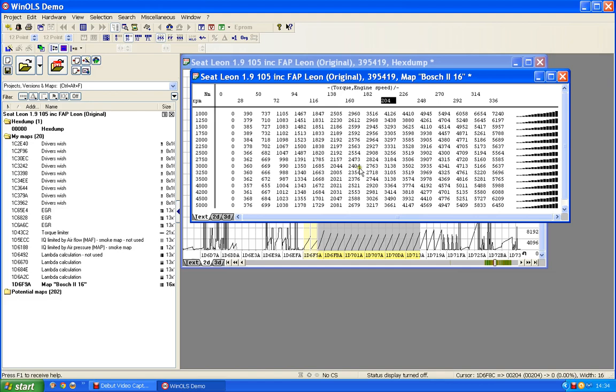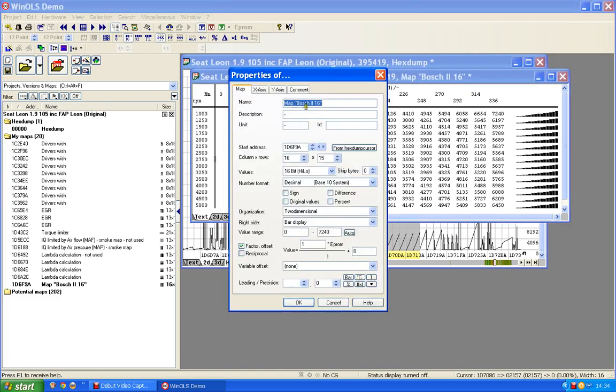Now this would appear to be an injection quantity, or IQ. Assuming that it is, if I put as a title for the map torque to injection quantity conversion, something like that, and the description is, well, it will be injection quantity.